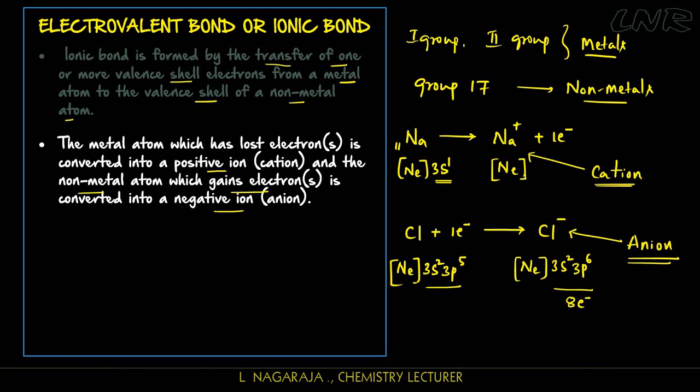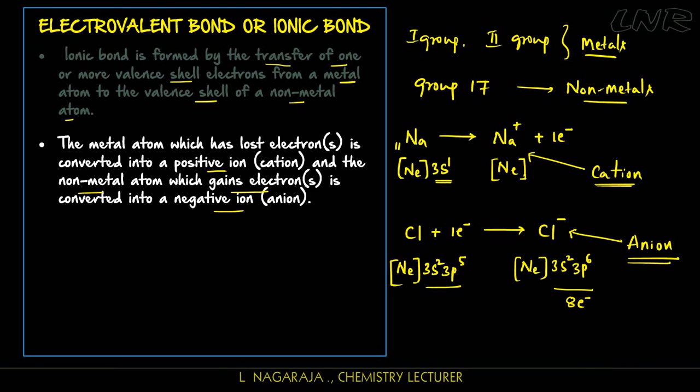Very important: when a metal atom loses electrons, it is converted into positively charged ions. These positively charged ions are called cations. And the non-metal atom gains electrons and is converted into negatively charged ions.